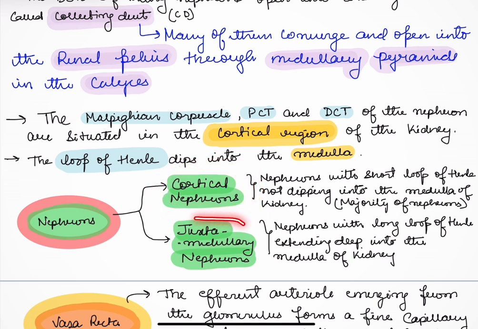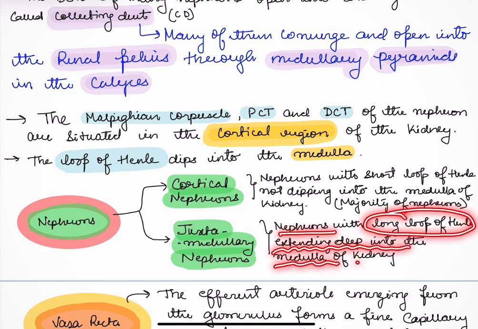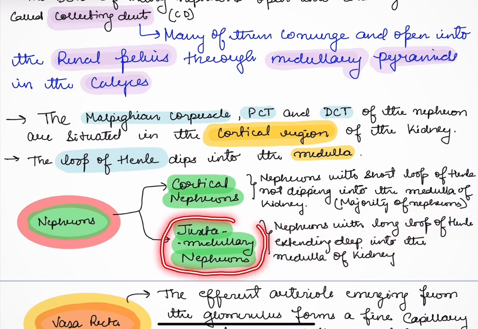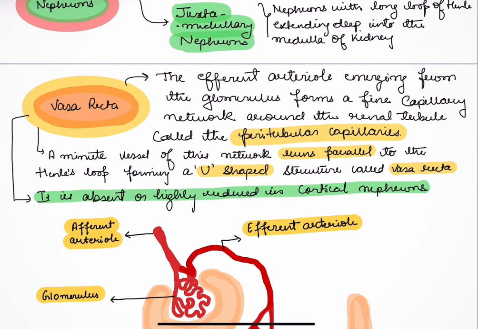Now, what are juxtamedullary nephrons? So, the nephrons with a very long Henle's loop and they extend deep into the medullary region of the kidney. And the number of these juxtamedullary nephrons is relatively less in comparison to the cortical nephrons. Right now, we are just focusing on the terminologies and we'll look into the diagram in the upcoming sessions.